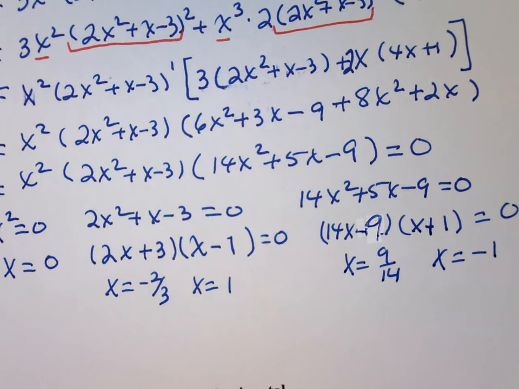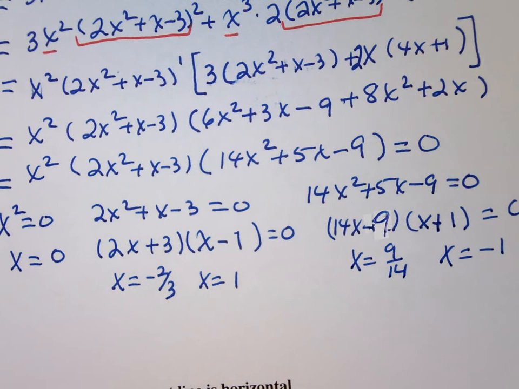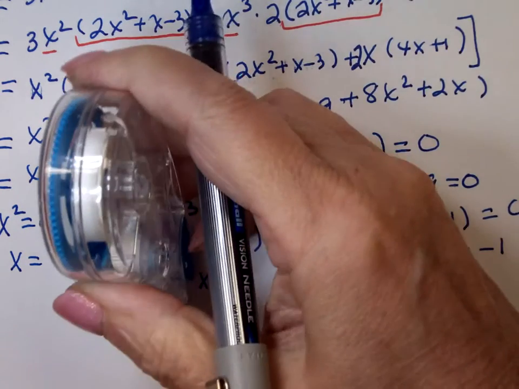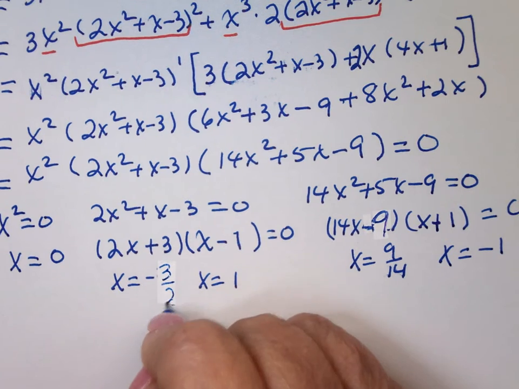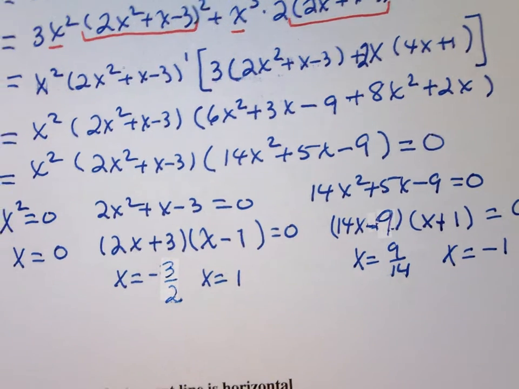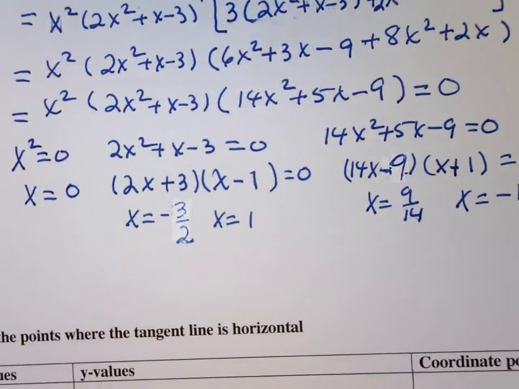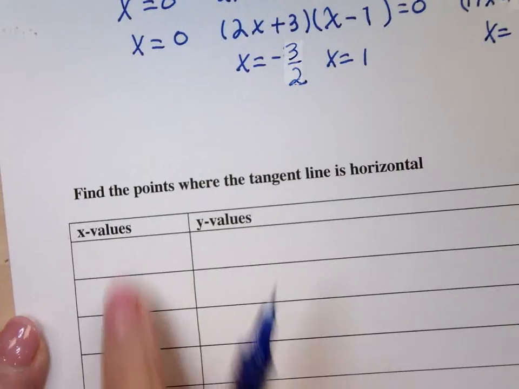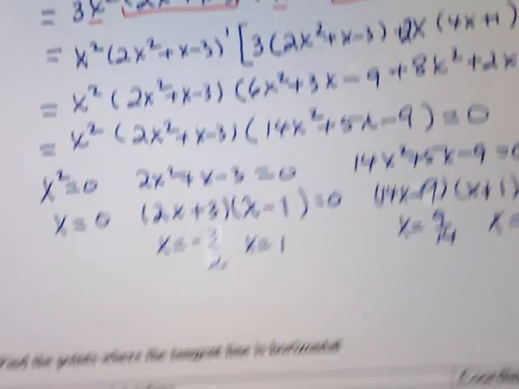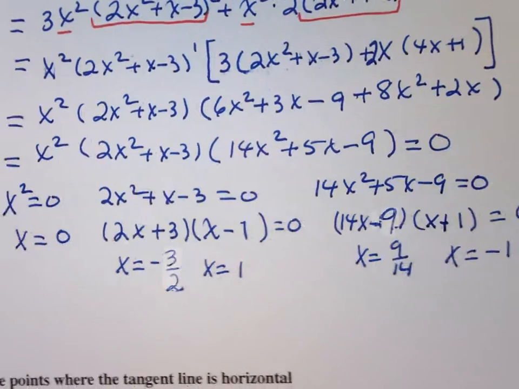For the first one, wouldn't x equal negative 3/2 instead of 2/3? Yep, negative 3/2, you're right. So, you can make your list of x values down the side of this chart. I'm going to leave this here because you guys are still working on it.